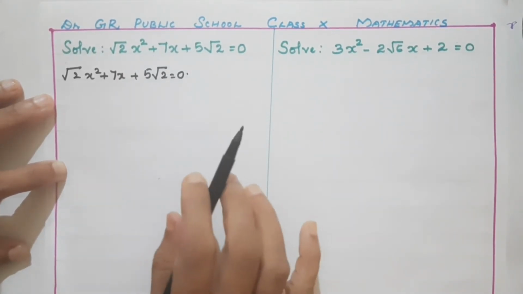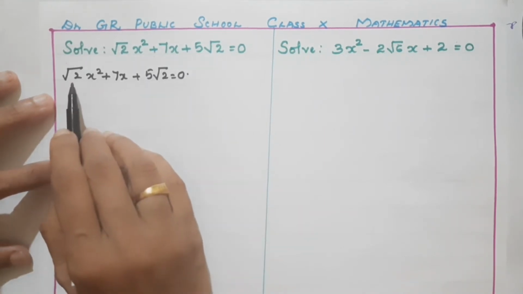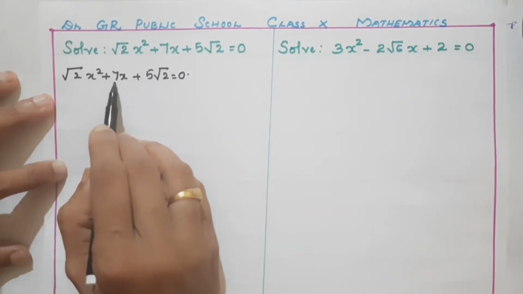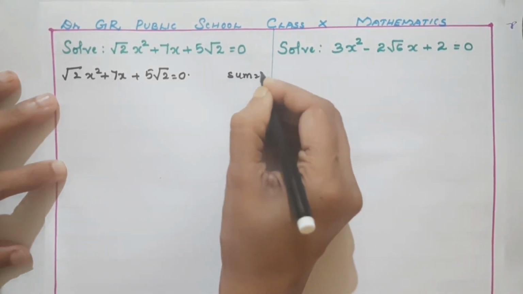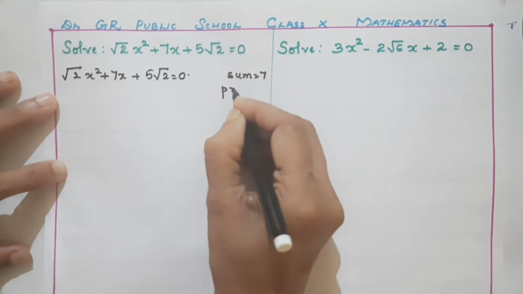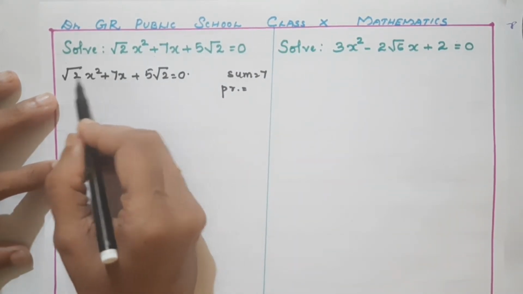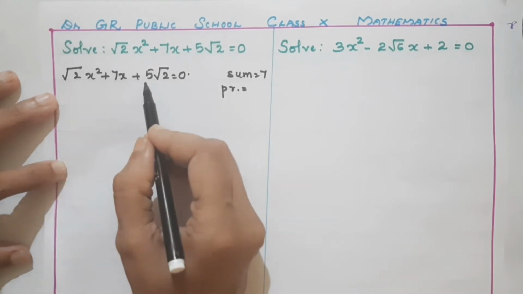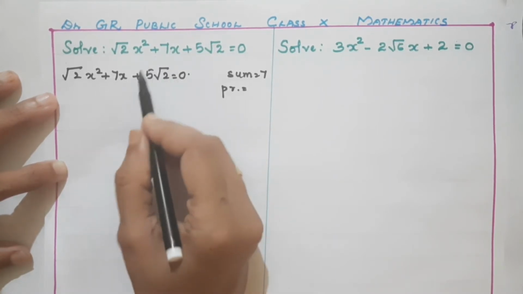Same process, splitting middle term method. Okay. So we have to consider the sum as, sum should be equal to 7. Then product, what about product? Product should be the product of this x square coefficient and this last term, isn't it? 5 root 2, constant term.